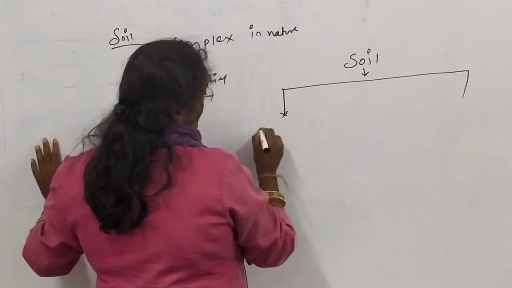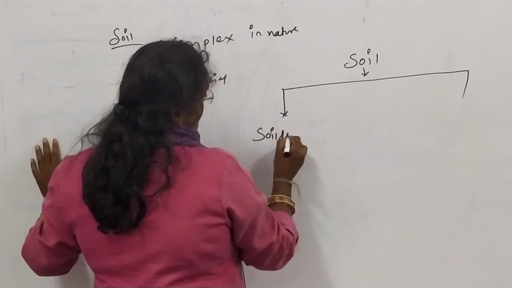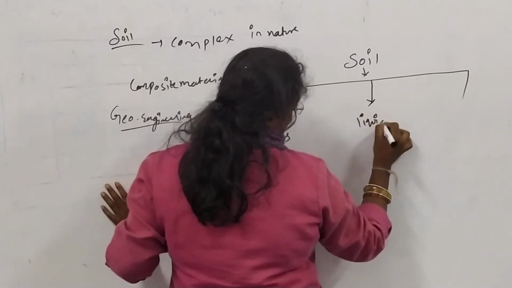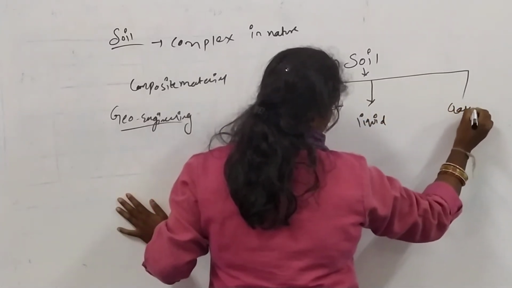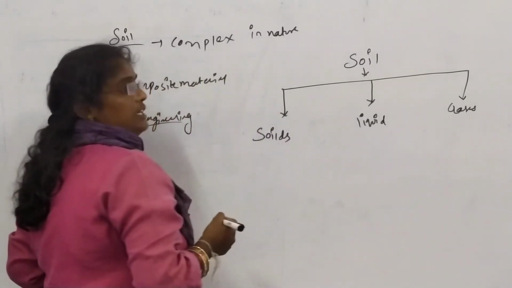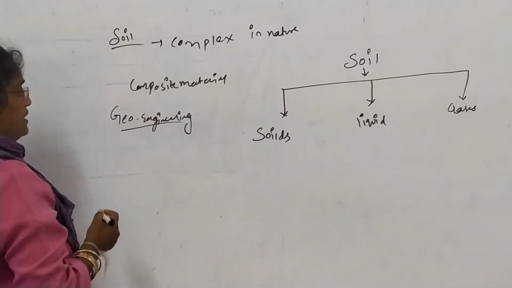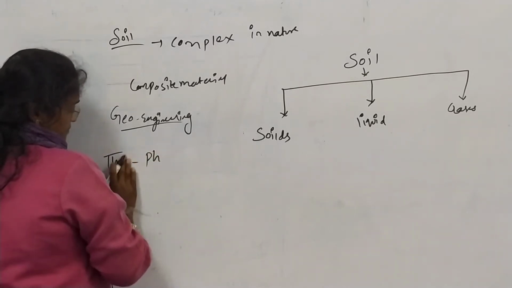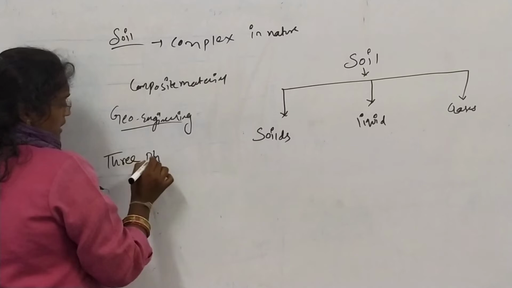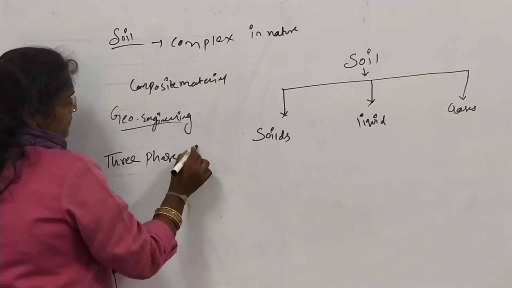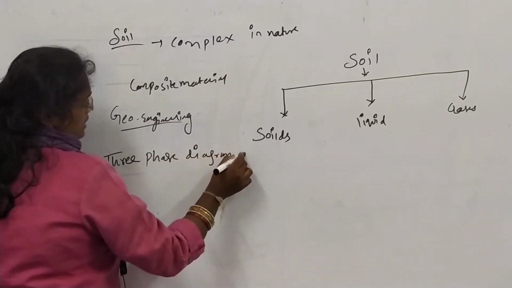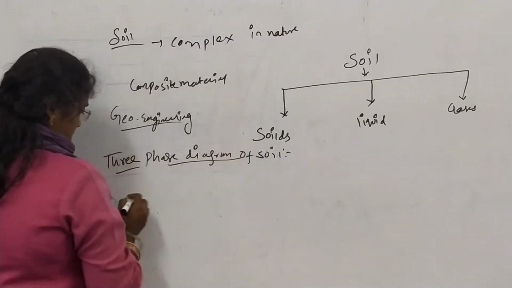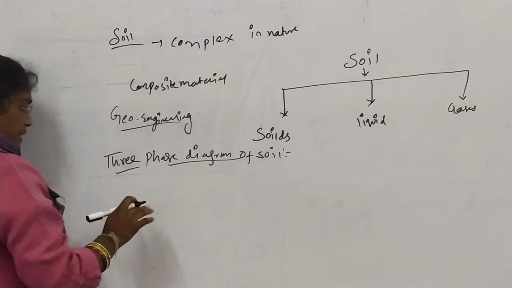So here soil will have 3 phases: one is solid, one more is liquid, one more is gaseous. By using this, first we will find out about the 3-phase diagram of the soil.